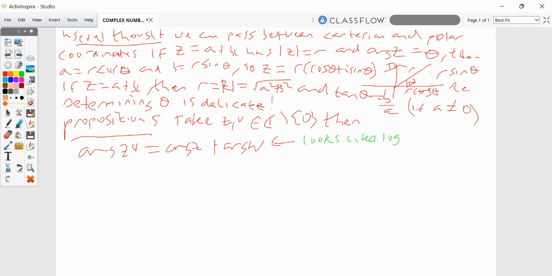Alright. Let's keep going. We do need to be careful that we state that we are working with argument modulo 2 pi.